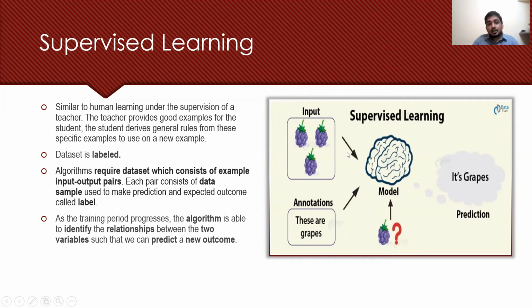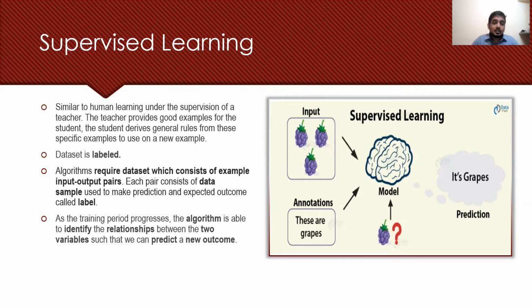Now it understands that these grapes look like this. When we see another picture of grapes, oranges, or mangoes, it sees, finds some patterns, and then predicts that it looks like this, so it must be a grape. So this is an example of machine learning.